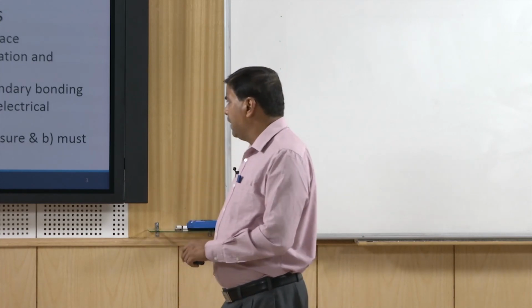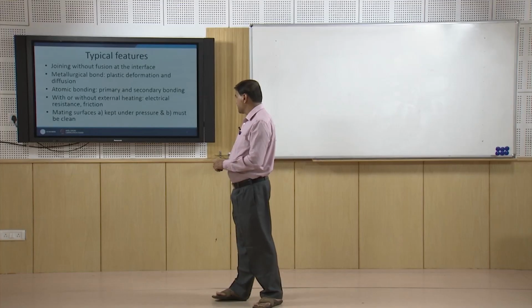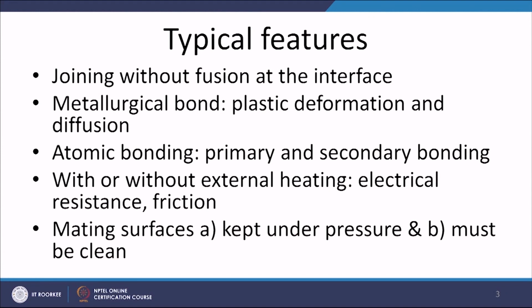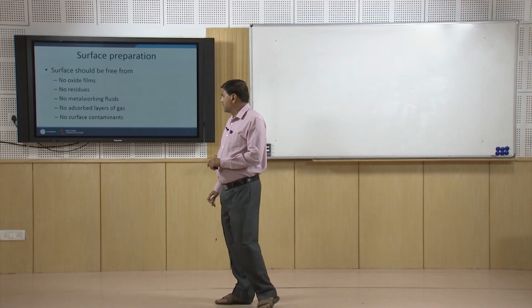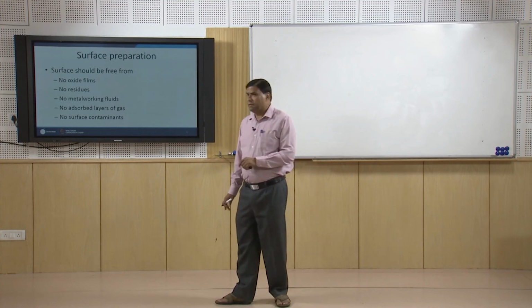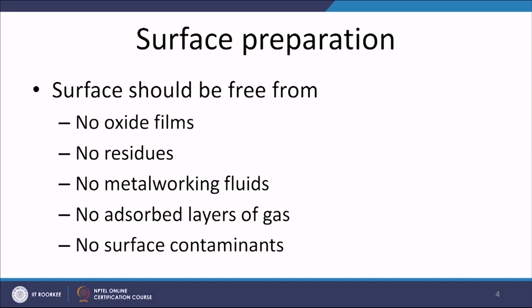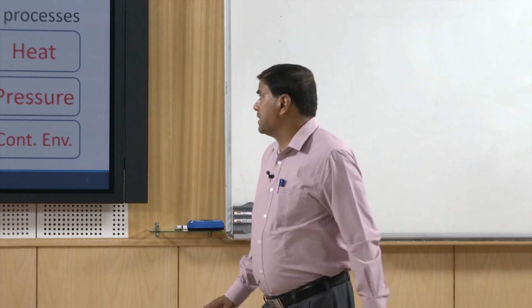So, that is why the metal surfaces are generally kept under pressure and surfaces must be cleaned. What for are these cleaned? Cleaning is done to remove all kinds of oxides, residues, metal working fluids, adsorbed gases and surface contaminants. These must be removed from the surface, so that the direct metal to metal contact can be established.